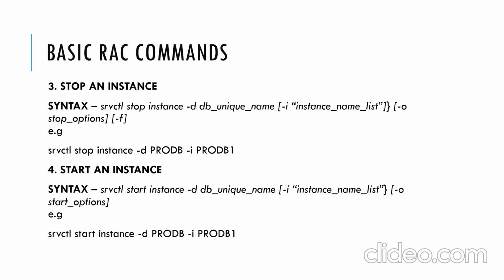Example: srvctl start instance -d proddb -i instance name. So here what we are doing is we are specifying which instance to be started. And previously, if we stop a database, it stops all the instances, and if we start a database, it starts all the instances.